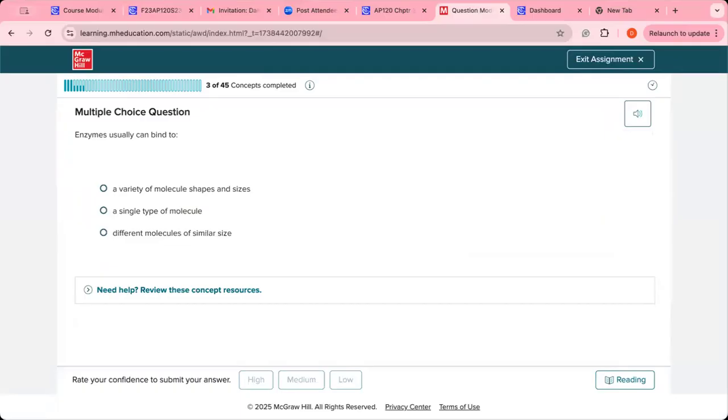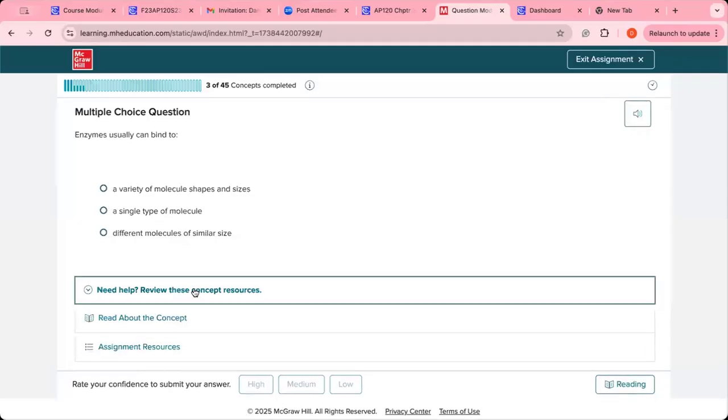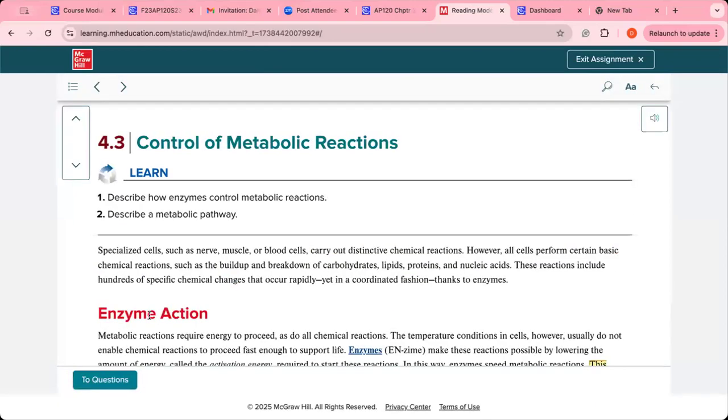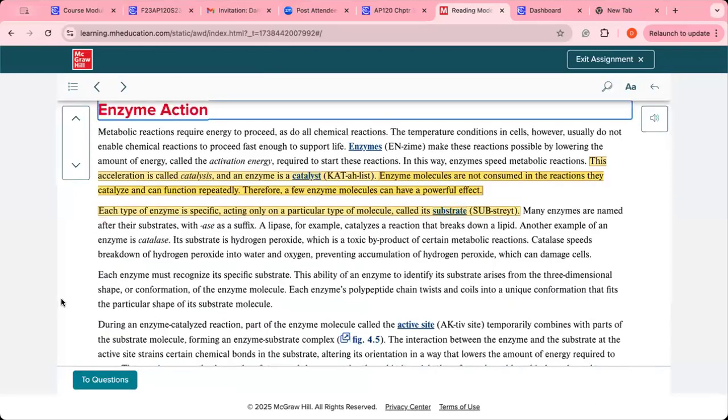Enzymes usually bind to, I don't know. Okay, each type of enzyme is specific, acting only on a particular molecule called a substrate.